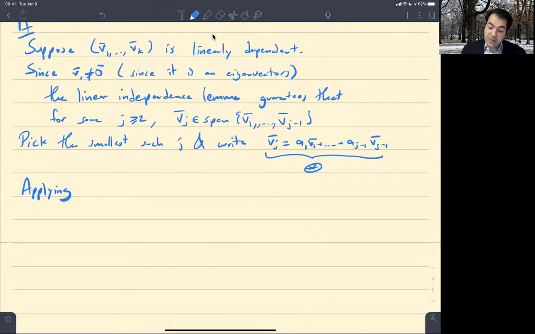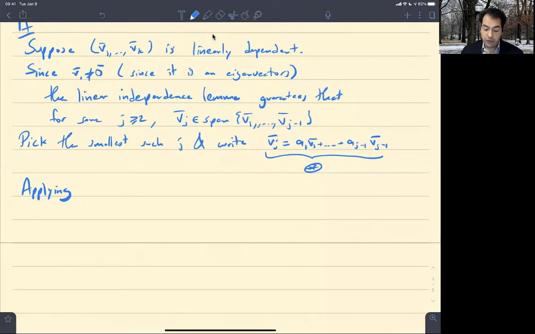Okay, so I've picked the smallest such j. I'm looking for a contradiction because I'm assuming the set is linearly dependent, and I want to show that actually it's linearly independent. If I can find a smaller one, that's a contradiction because I picked this one to be the smallest.